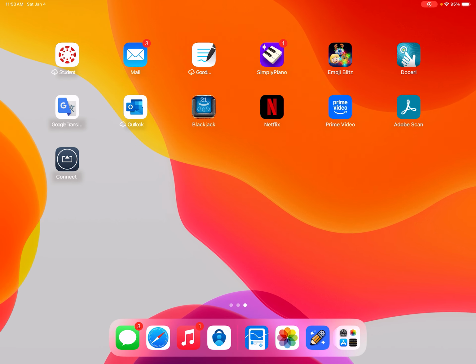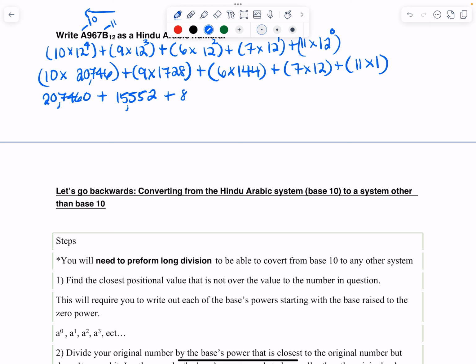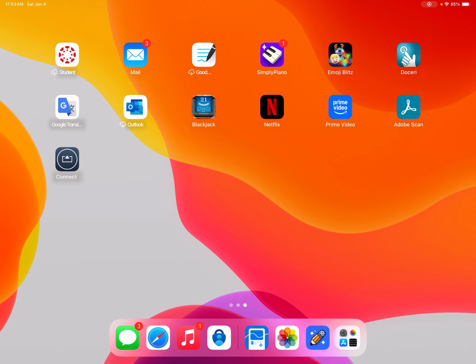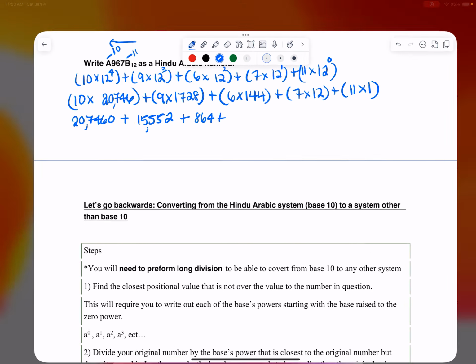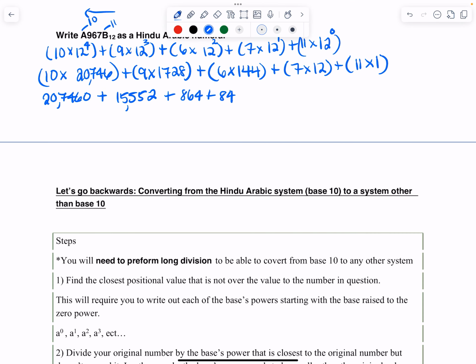That's 864, plus 7 times 12, which is 84, plus 11. Okay, so I'm going to add all those numbers together and see what I get.